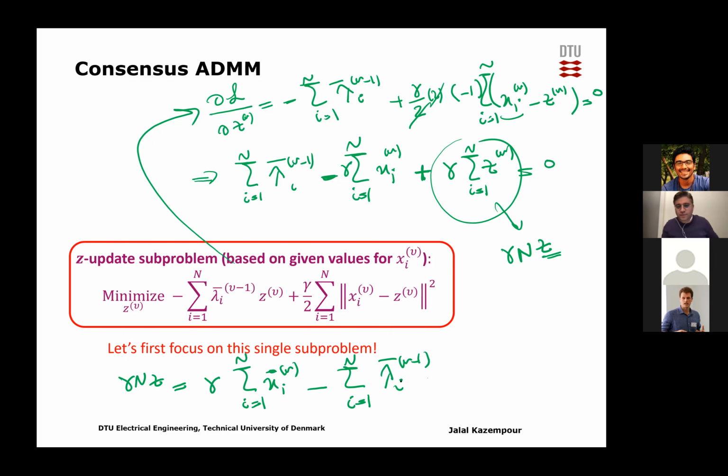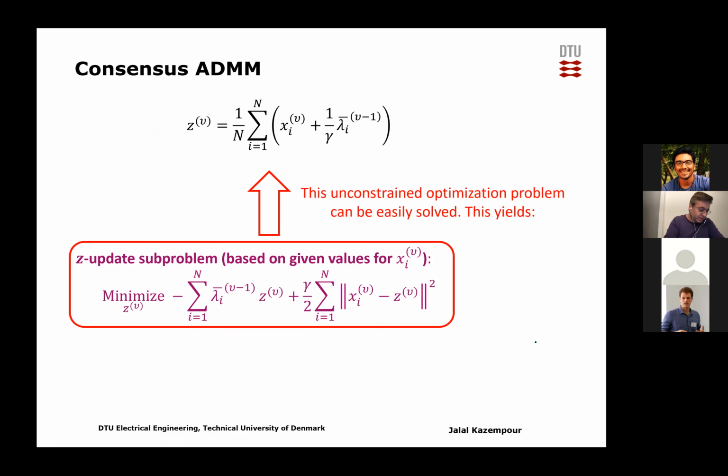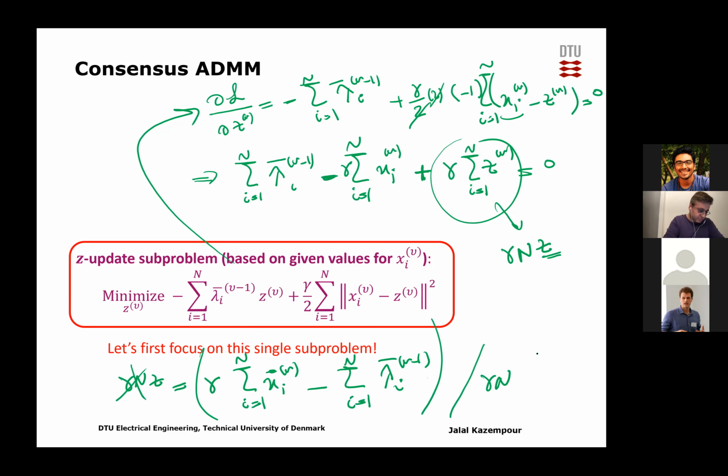And then the value of z will be the same over gamma n. That's it. So I made a mistake somewhere. It should be positive.